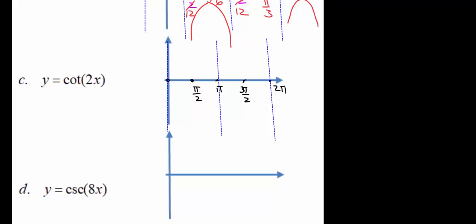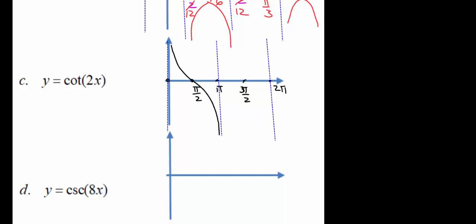Now remember, tangent's always increasing, cotangent's always decreasing. So cotangent goes like this. And we divide by 2 at the end.